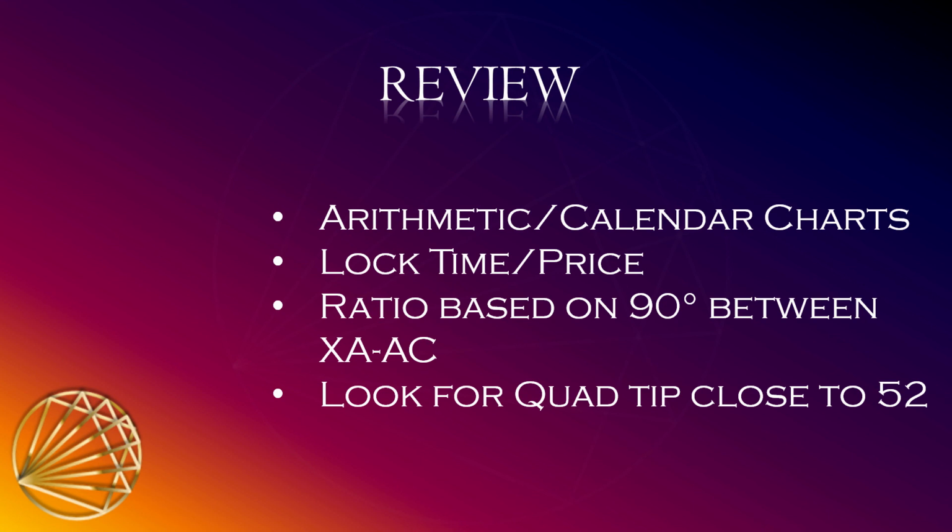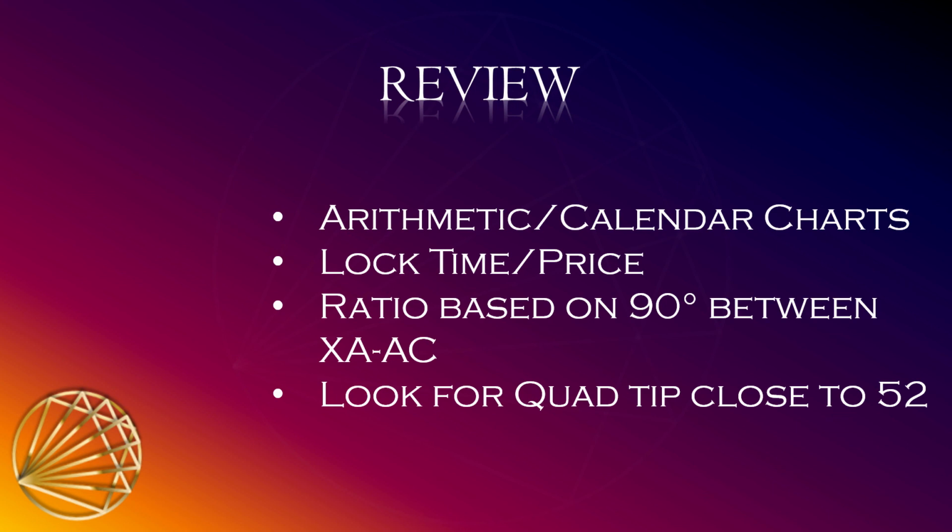When we use a time and price ratio, which ratio is best to use? We looked at the emblem and the quadrilateral, and we scaled the chart based on a 90-degree angle at the A point. We compare the XA leg and the AC leg, and we use the tetrad inside the emblem and the quadrilateral together to determine this ratio.